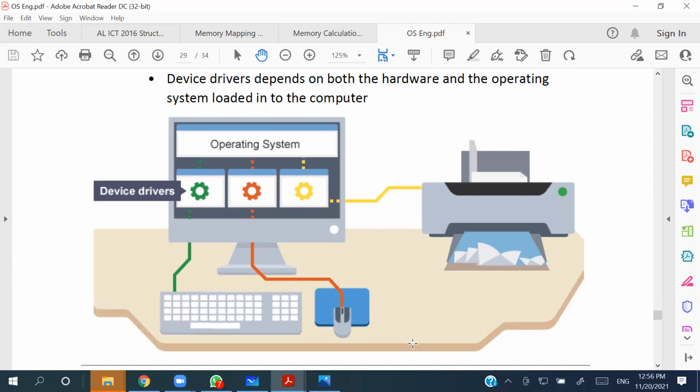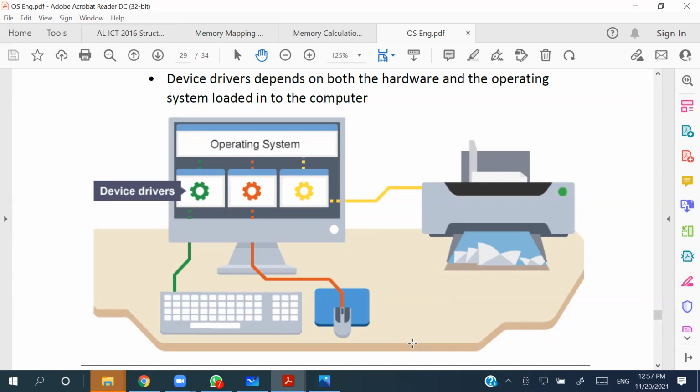Now, back like 10 to 15 years back, when we are having a particular CD drive, or sometimes when we are having a particular hard disk, sometimes we are having a very small amount capacity type of a pen drive, where we have to specifically install the device drivers into the operating system on those days, right?